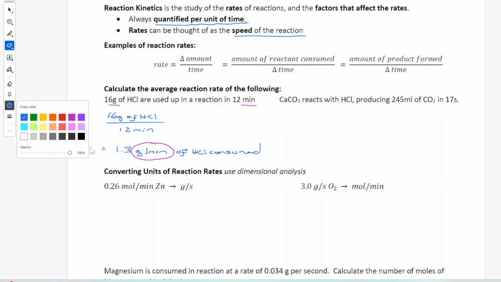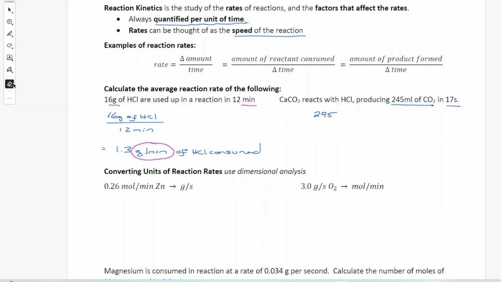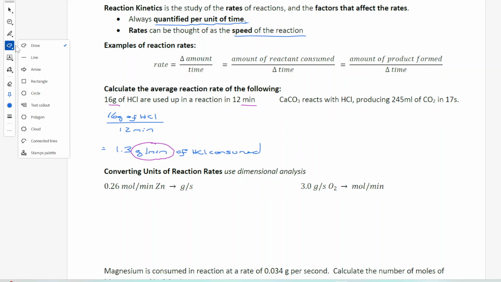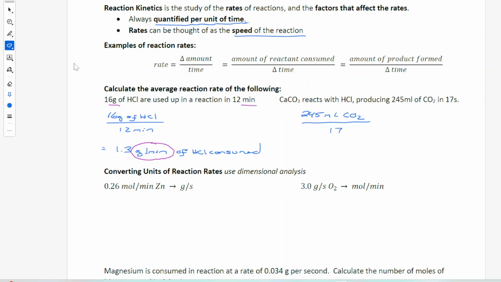So for this one, it says that calcium carbonate was reacting with hydrochloric acid, producing 245 milliliters of carbon dioxide in 17 seconds. So this is looking at an amount of product formed over time. So for this one, it's 245 milliliters of carbon dioxide in 17 seconds.